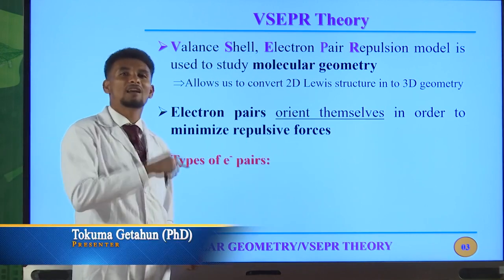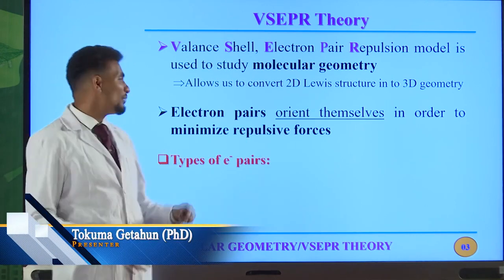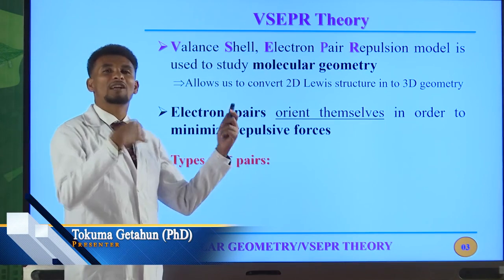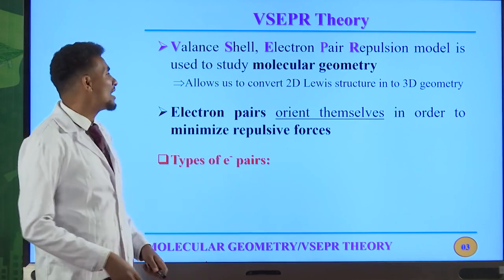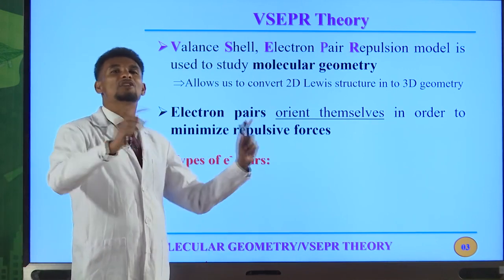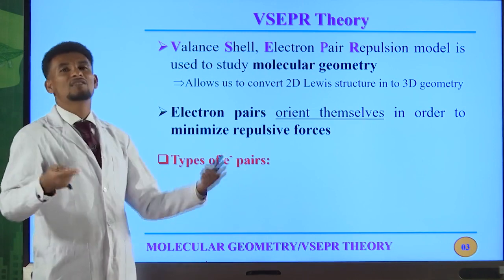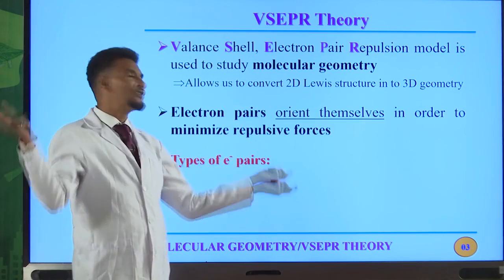So all the time think about this repulsion between electrons, because electrons have negative charge, to predict the molecular shapes of different molecules.